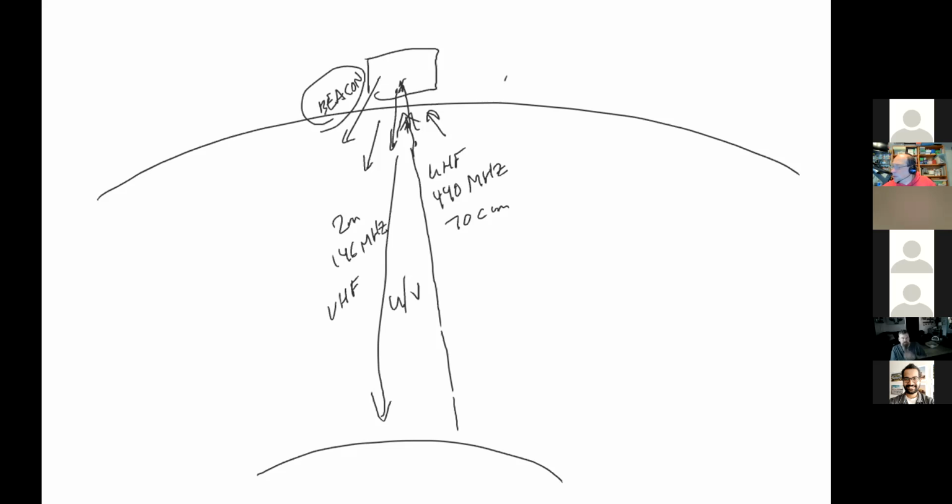Low Earth orbit. A low Earth orbit satellite is something that's about 200 miles up. And let's say 220 miles up. And Abhijit, do you know what the altitude is of the CubeSat by chance? Don't hear anything.